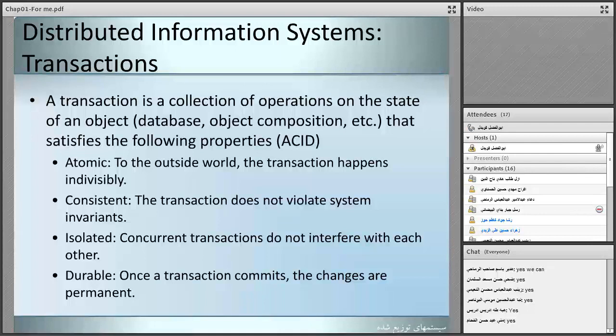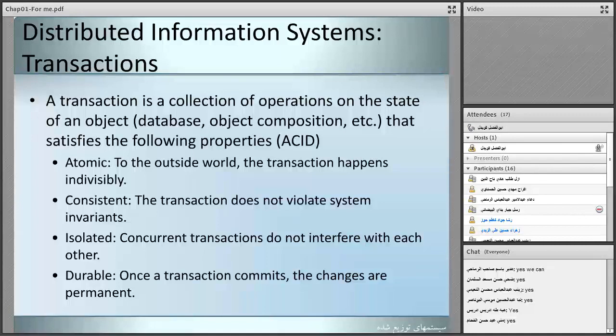These four properties are called ACID properties. It's not about acid, in fact, but the first letter of each property can create a word, acid, to make it easier to memorize.